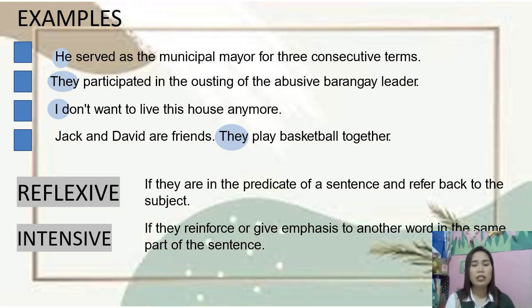And intensive is just giving emphasis for the subject, and it is not necessary in a sentence. You can omit intensive in a sentence without changing the meaning or the thought of the sentence. Examples are yourself, myself, themselves, herself, and more. So those are compound pronouns, reflexive and intensive.